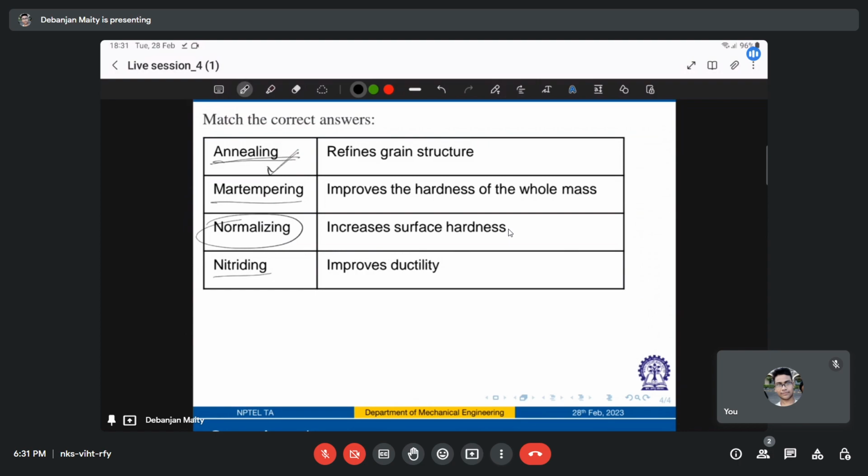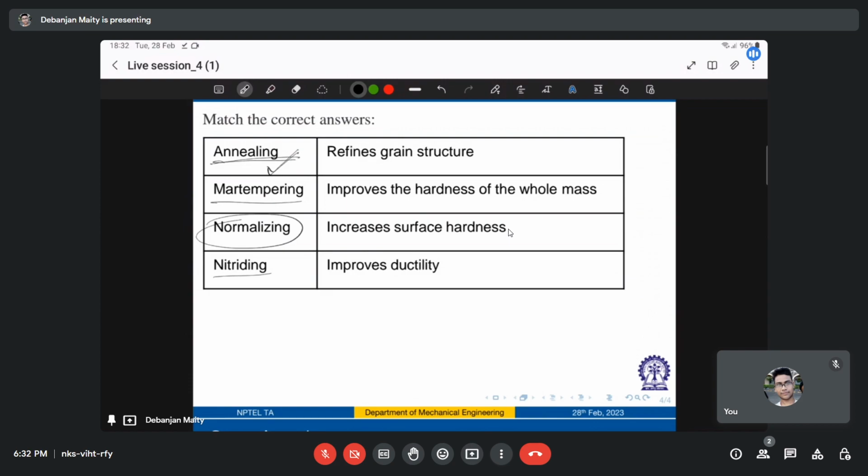So you are reducing or eliminating structural non-homogeneity, refining the grain size, and relieving internal stresses to prepare the structure of the steel for subsequent purposes, right? And annealing is not applied to improve the mechanical properties of alloy steel as such, but yes, you are inducing some kind of toughness during this heating process.